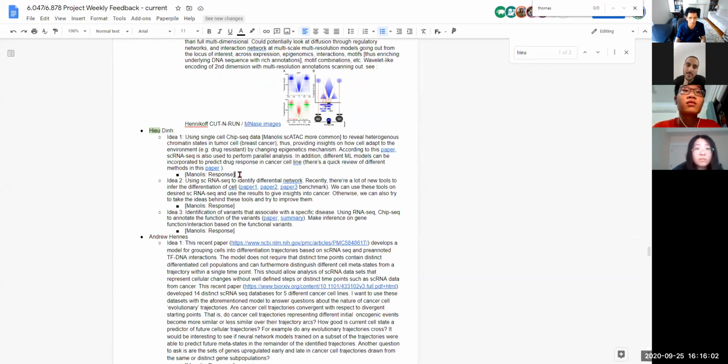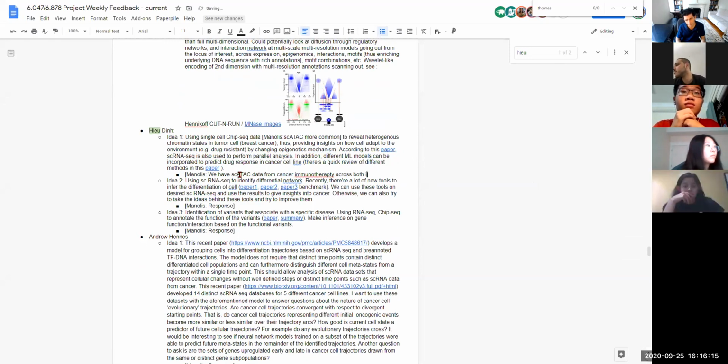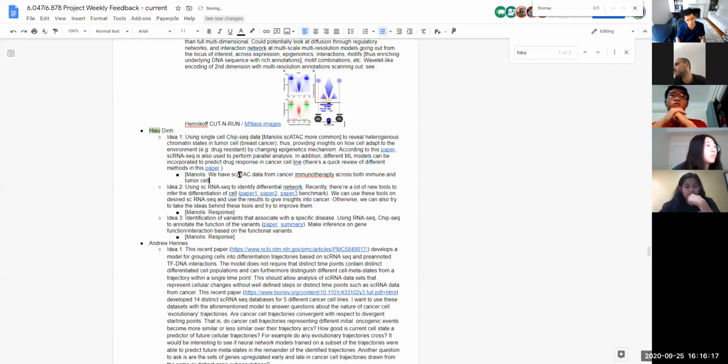Okay, so we have scATAC-seq data from cancer immunotherapy across both immune and tumor cells. Dr. Jackie. How cells adapt to the environment by changing epigenetic mechanisms.